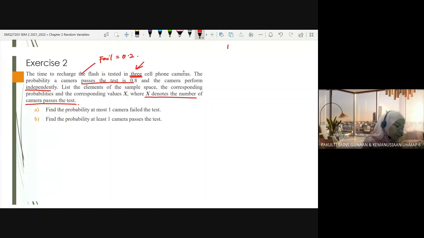First cell phone, second, third: pass, fail, pass, fail.